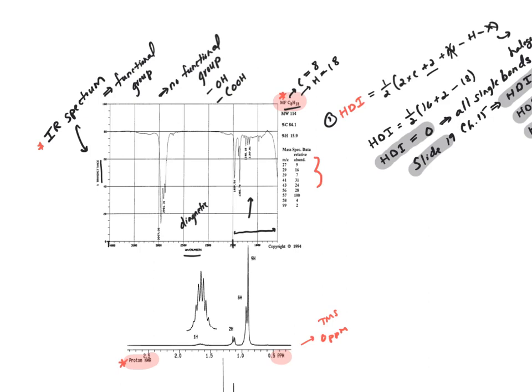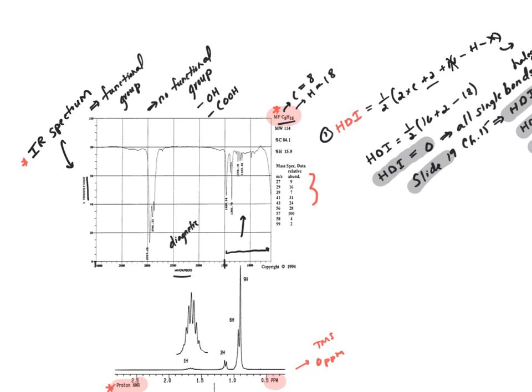Another one that's very indicative of a certain type of functional group is the carbonyl group, the carbon-oxygen double bond. This can be in the form of an aldehyde, a ketone, or a carboxylic acid.